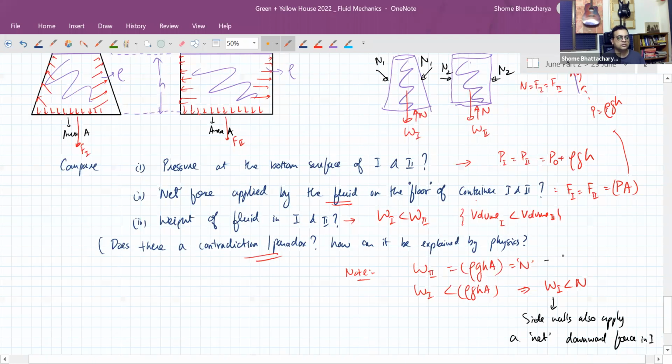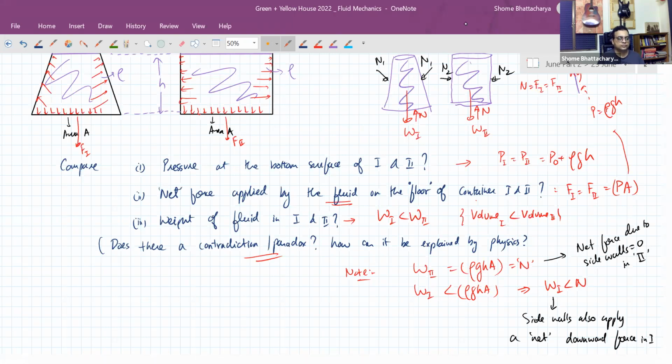But the net force due to side walls equals 0 in container 2. So this is the logical explanation of this so-called paradox.